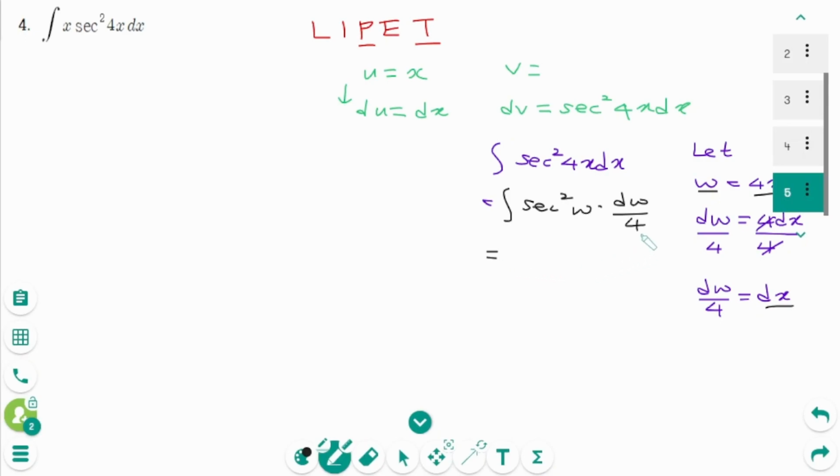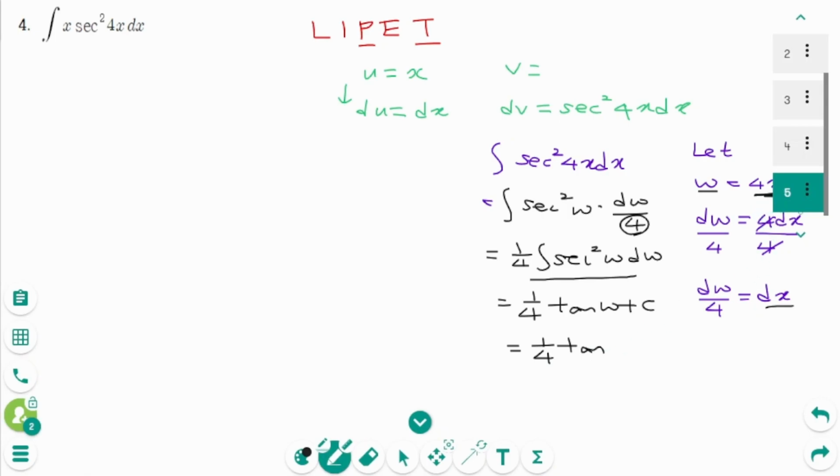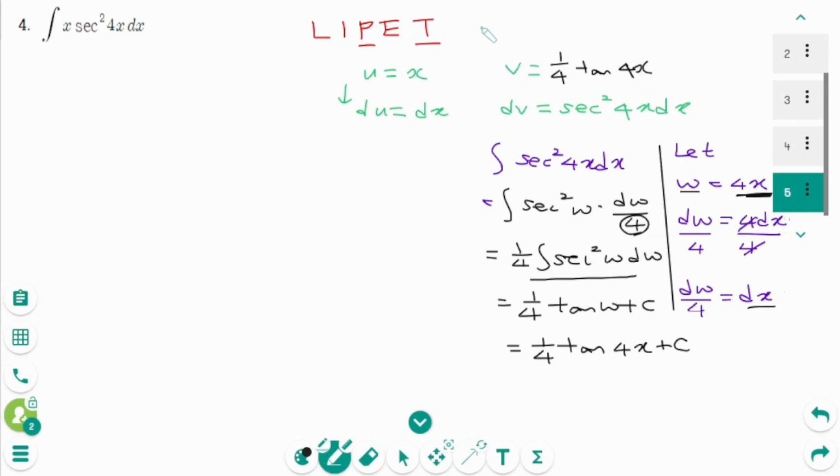Then we can rewrite as 1 over 4 the integral of secant squared w dw equals 1 over 4 tangent w plus c equals 1 over 4 tangent w means 4x plus c. Then v equals 1 over 4 tangent 4x. Use the formula.